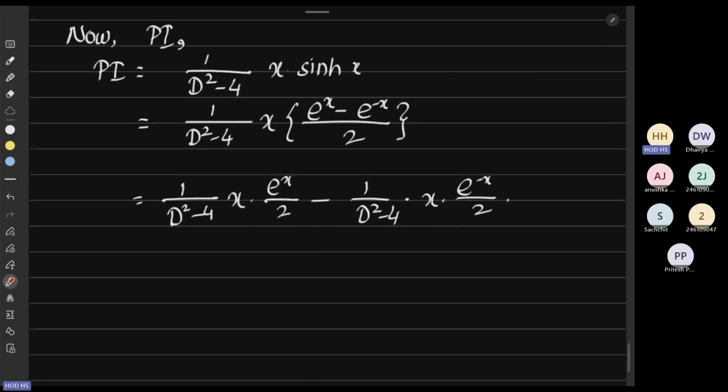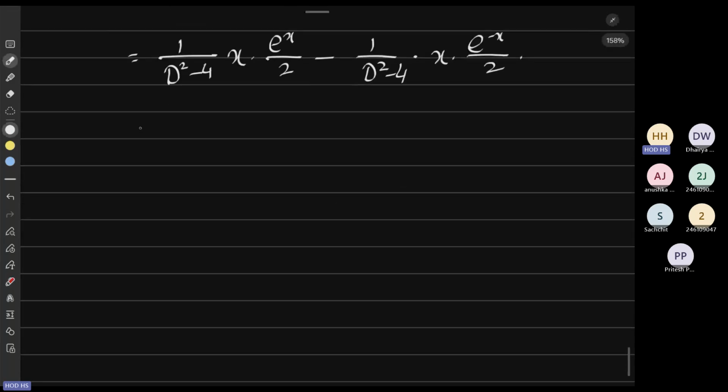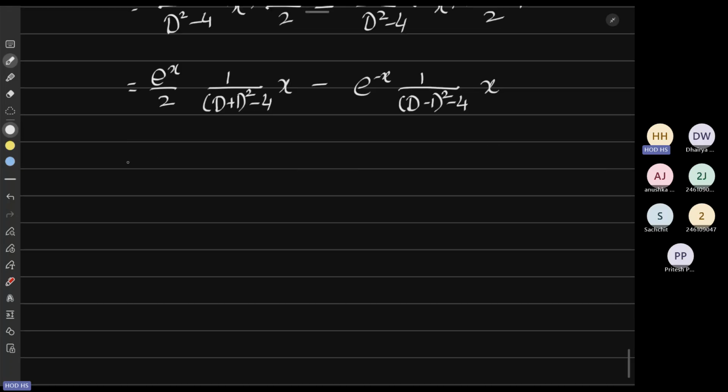So in this case, I'll take this e to the power x by 2 outside and shift my D as D plus 1 whole squared minus 4 of x. And in the second case, again, I will take e to the power minus x outside. So I will shift my D as D minus 1 whole squared minus 4 of x.